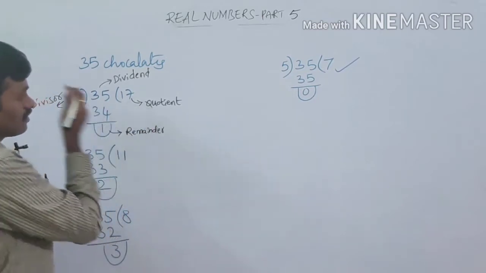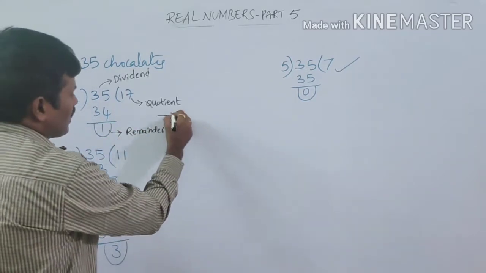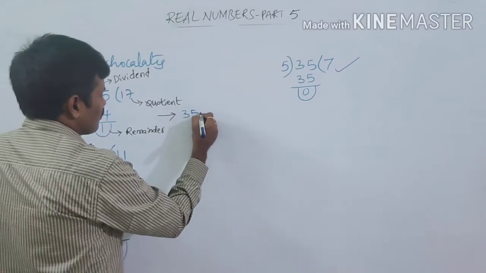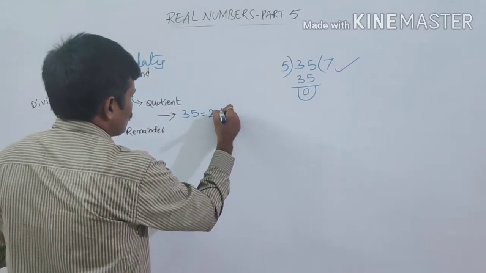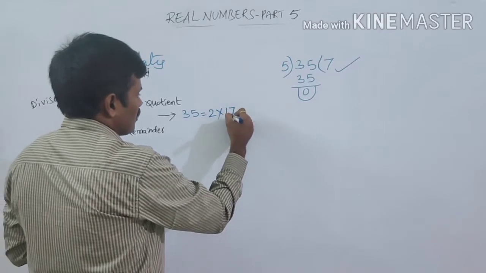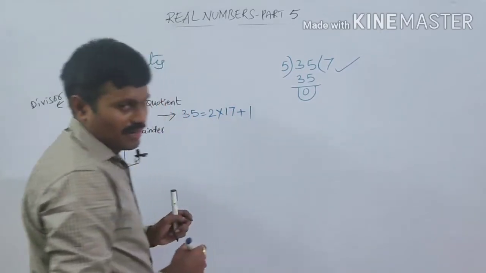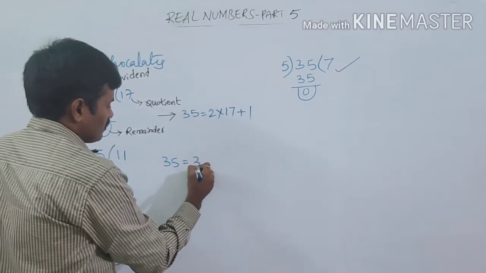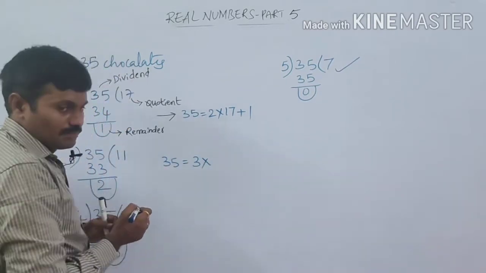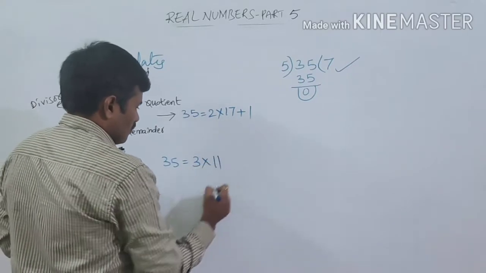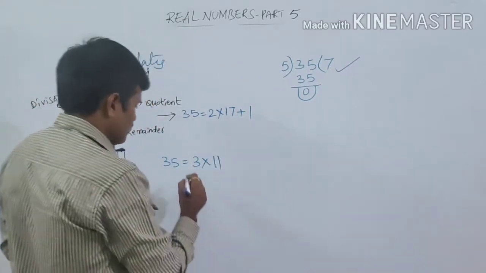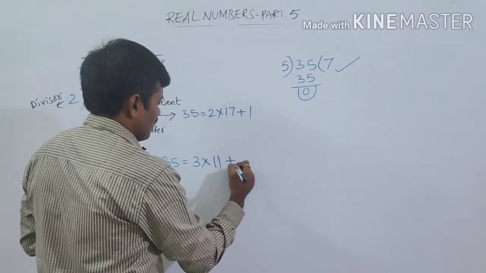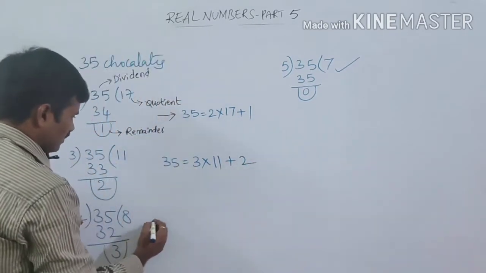Now how to write it in mathematical sentence form? We divide 35 into 2 equal parts, but 1 remains. Here we divided 35 by 3 parts, to 3 friends. Each one got 11 and 2 chocolates remain.